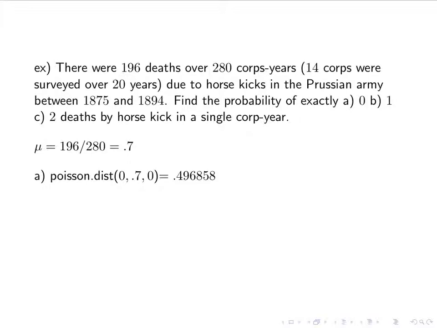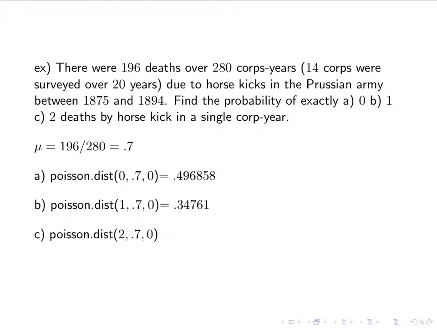It's fairly good. B, I want exactly 1 death by horse kick in a single core year, 0.34761. And then C, 2 deaths by horse kick. So Poisson.dist 2, 0.7, 0. And that gives us 0.121663.